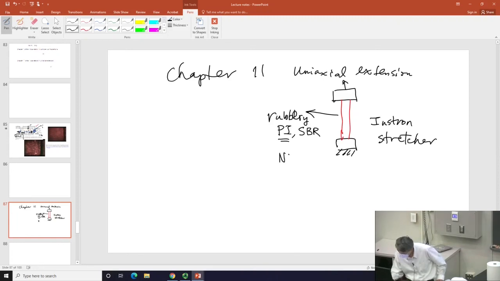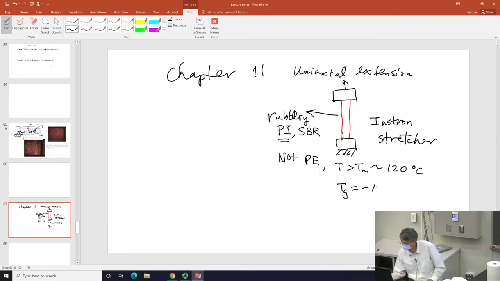Not polyethylene, because with polyethylene you have to go above Tm. Once it's above Tm, polyethylene almost falls apart. It cannot have much. Tm is, let's say, 120 degrees at least. Tg is minus 100 for polyethylene.